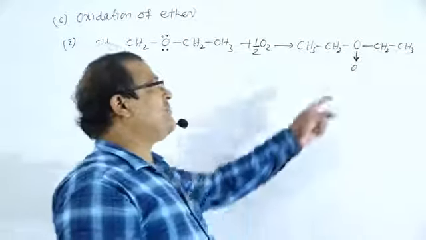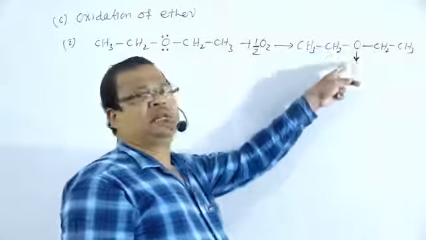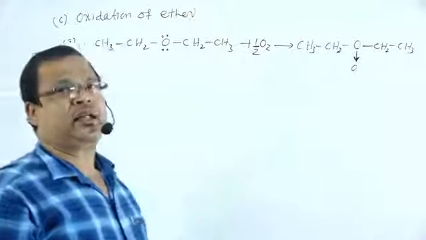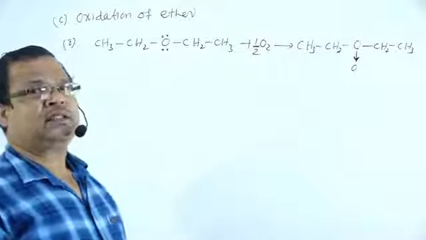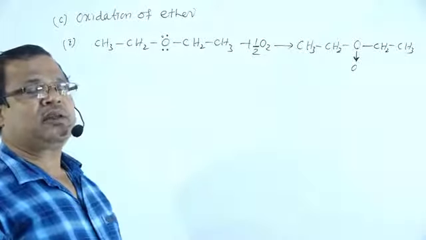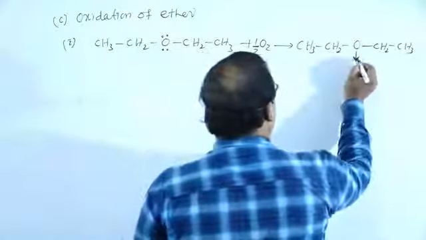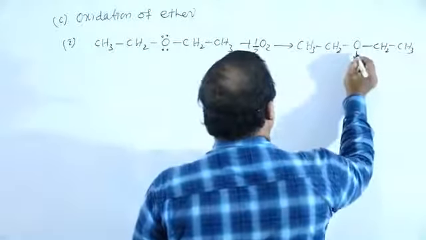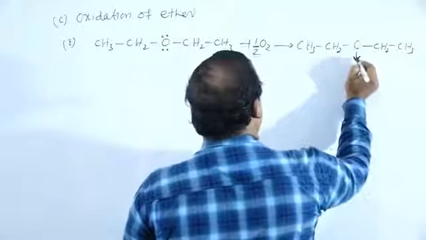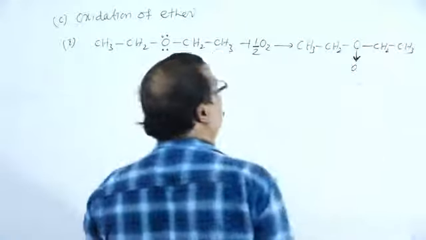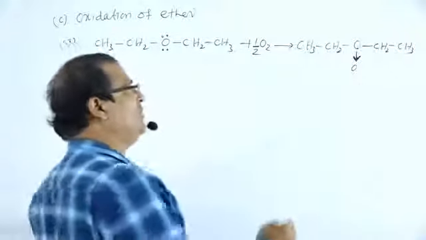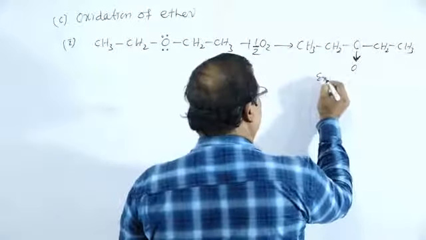So there is the formation of peroxide linkage compounds. That is one of the explosive materials, a peroxy compound, a peroxy ether. The peroxy ether has an oxygen to oxygen single bond, a coordinate covalent or dative bond. So that is also an explosive material.